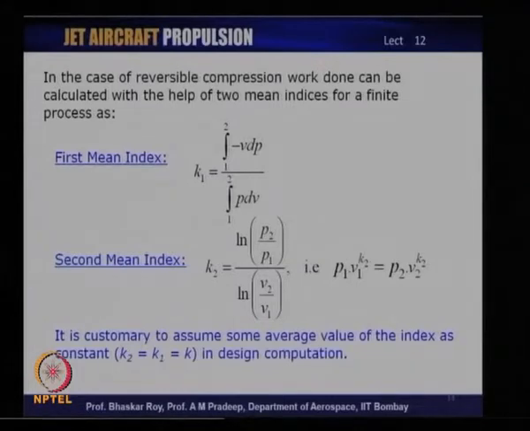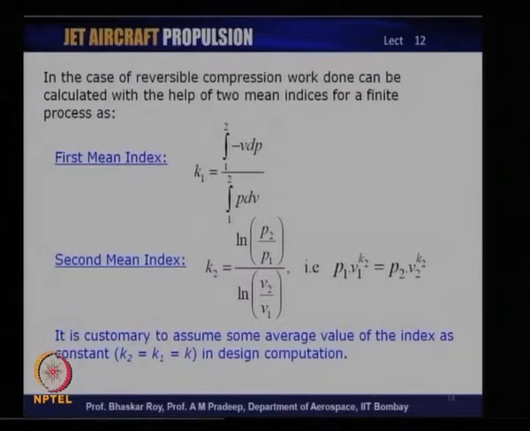There is another definition, and that is the second mean index, often referred to as k2, and that is defined as ln, that is natural logarithm, p2 by p1 divided by ln of v1 by v2, v of course is the specific volume, and this can be written down in terms of what is known as the polytropic relation, that is p1 v1 to the power k2 is equal to p2 v2 to the power k2, which means we can write for a compression process pv to the power k is equal to constant.